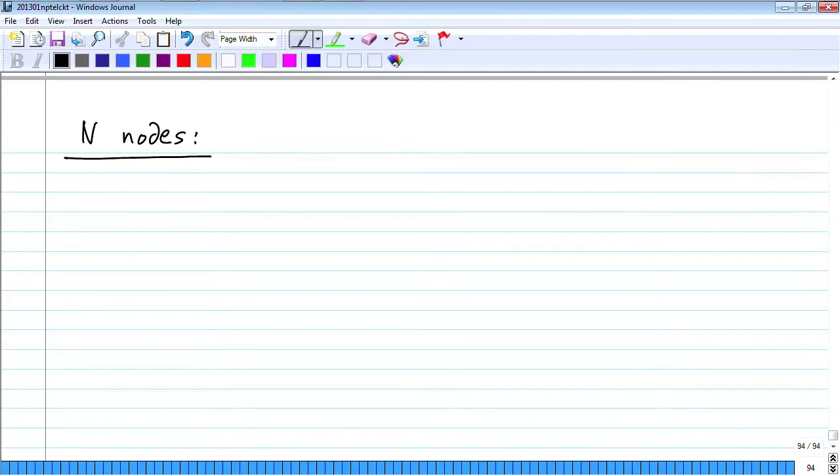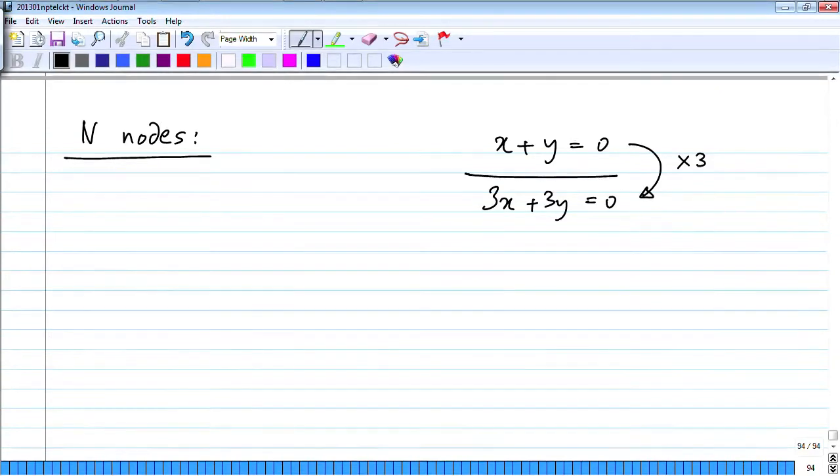For instance, you have one equation over here, x plus y equal to 0, and let's say you have another equation which says 3x plus 3y equals 0. Clearly you can get this by multiplying the first equation by a factor 3. So this is dependent on the first equation, so this is not useful.